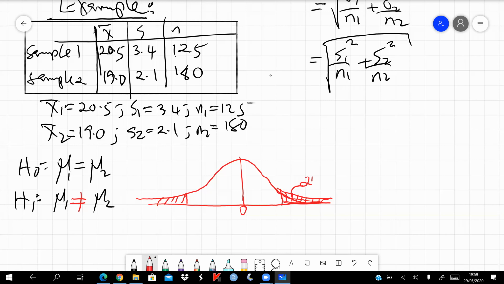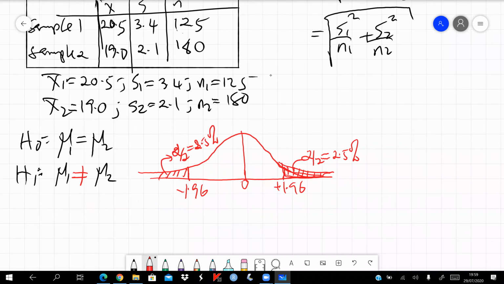So this would be alpha over 2, which is 2.5%, and this will also be alpha over 2, which is 2.5%. And we all know when alpha is 5%, for a two-tailed test, we always get plus or minus 1.96.